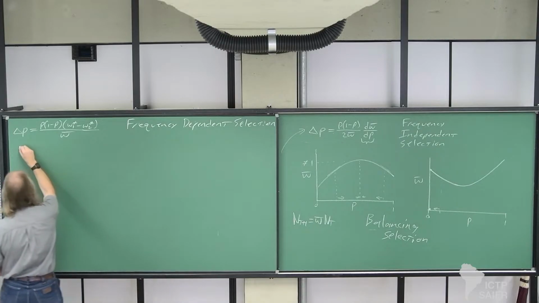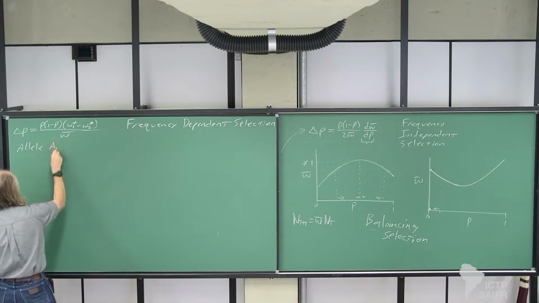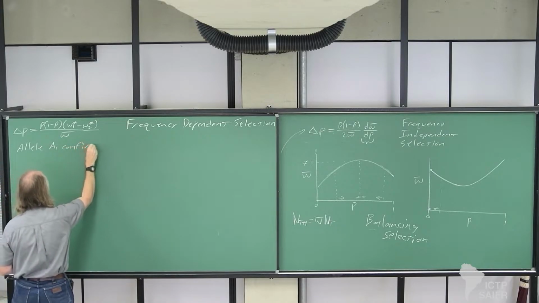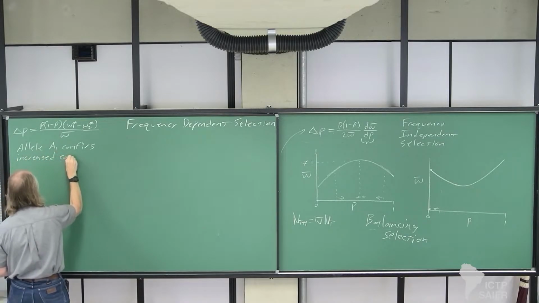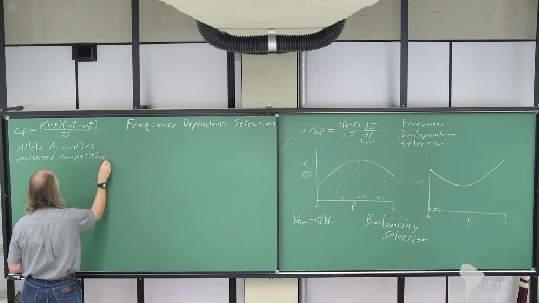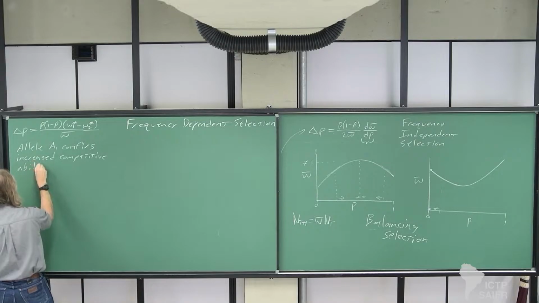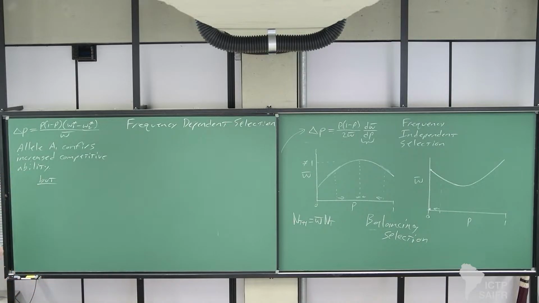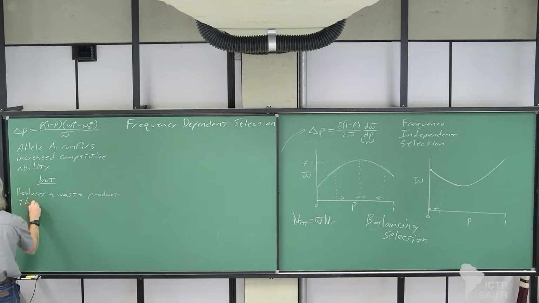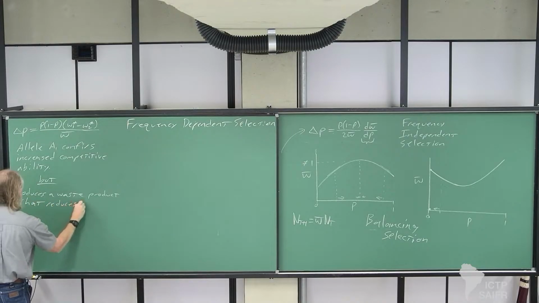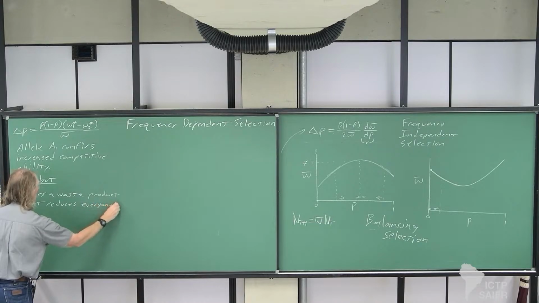So I'll say allele A1 confers competitive ability, but it produces a waste product that builds up in the environment and reduces everyone's fitness.